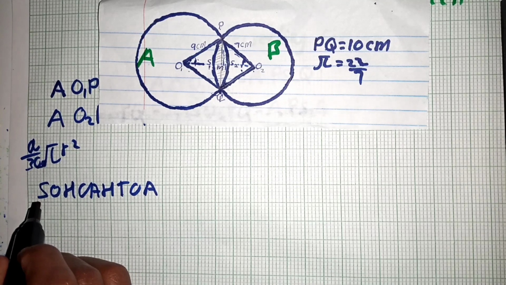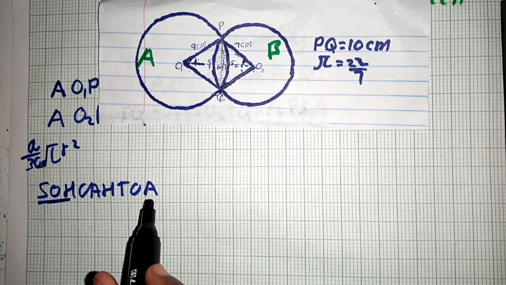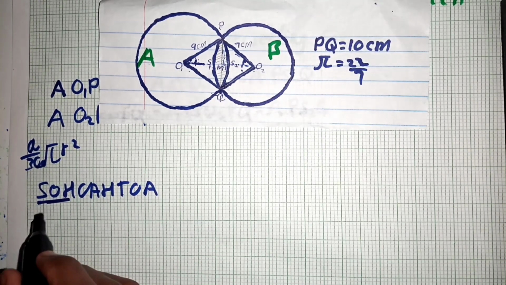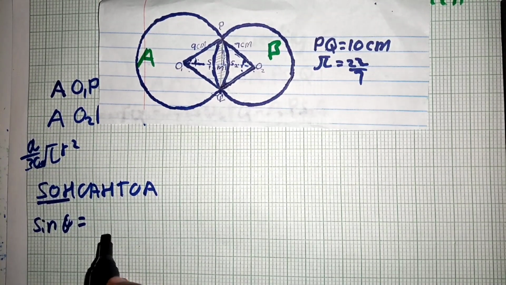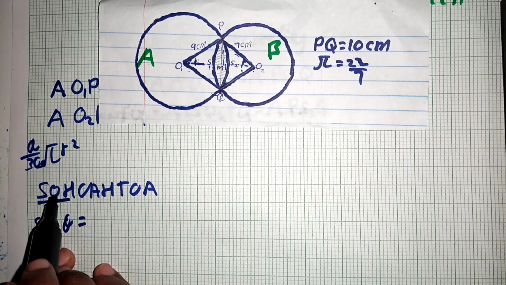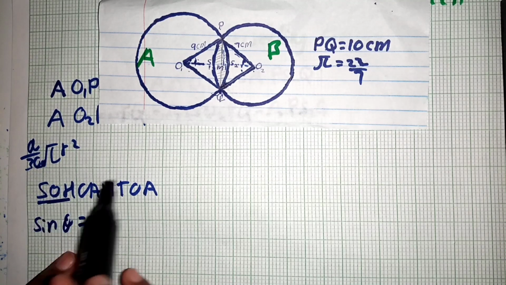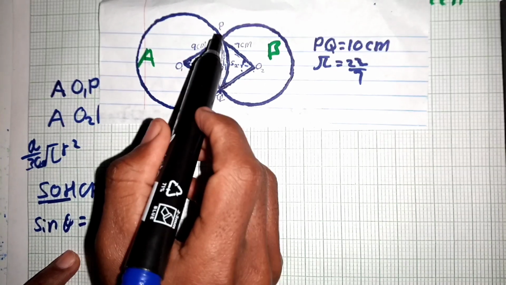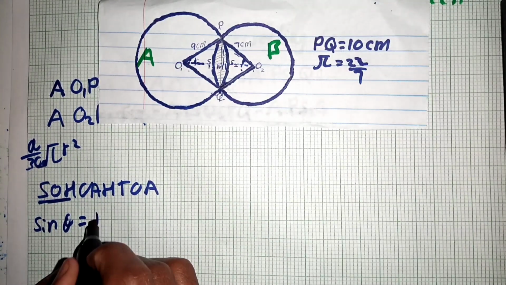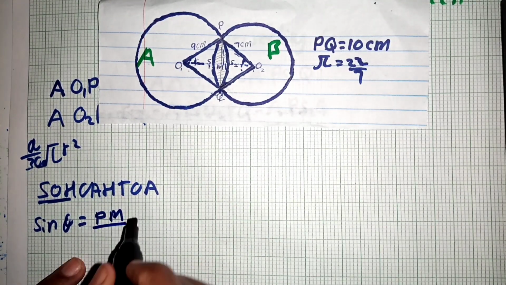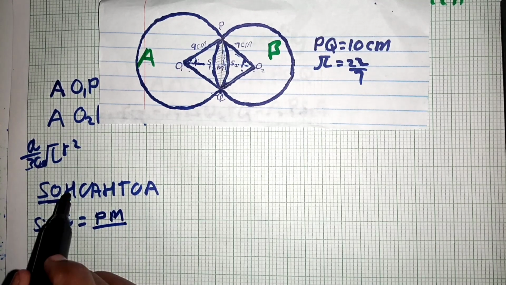Now, we are going to pick this one here. So, sin theta is equal to opposite over hypotenuse. What is our opposite? Opposite is PM. What is our hypotenuse?